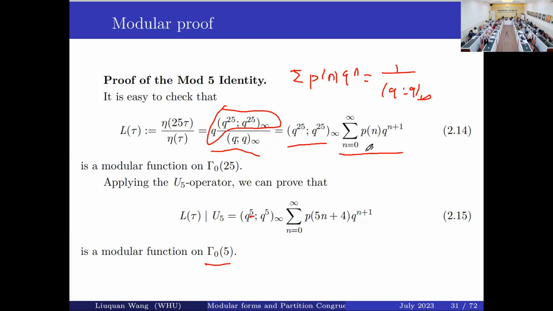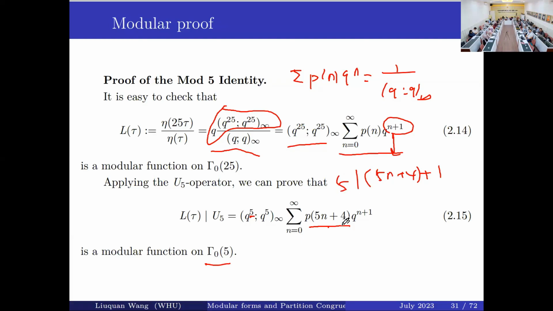For this series, you pick out the P(5m+4) q times q to the (m+1) power, because you need the exponent to be divisible by 5. You must have 5m plus 4 here, because 5m plus 4 plus 1 is divisible by 5. So you have this part.